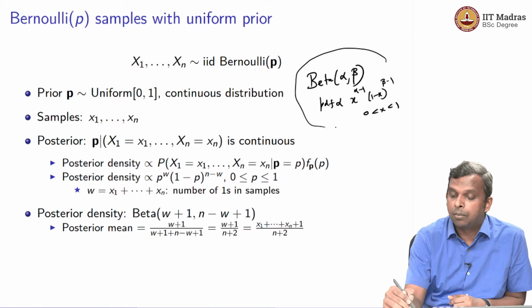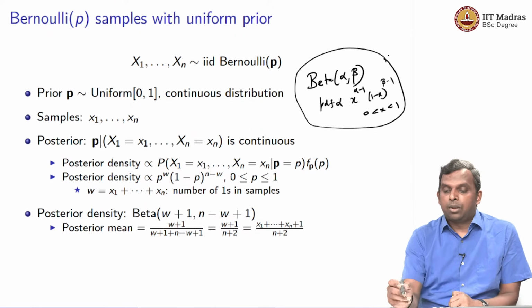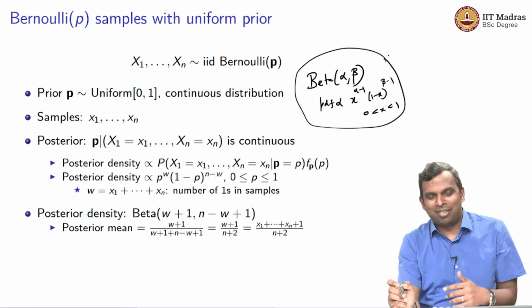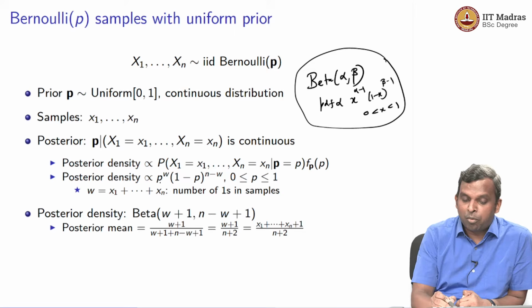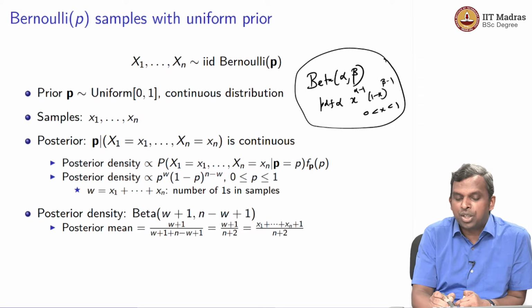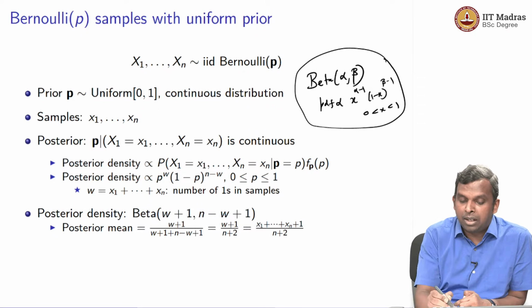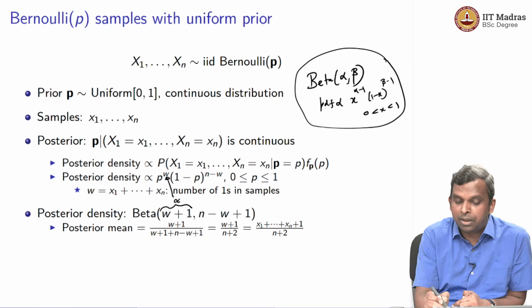You can look up a previous lecture where we did the beta density. Here we have p^w (1 minus p)^(n minus w). So the posterior distribution is actually a beta distribution with parameter alpha being w plus 1. Why? Because here you should get alpha minus 1.